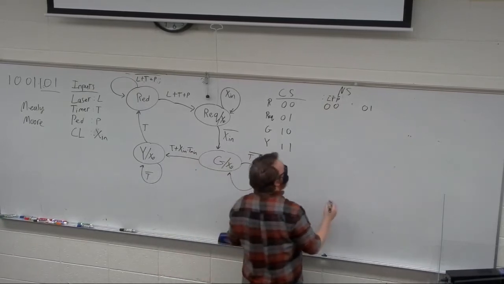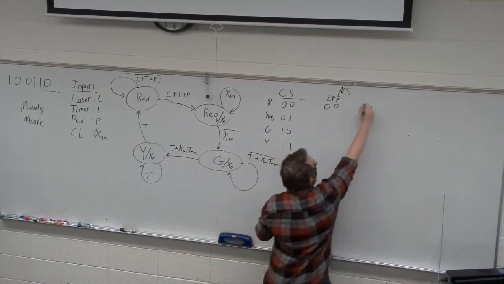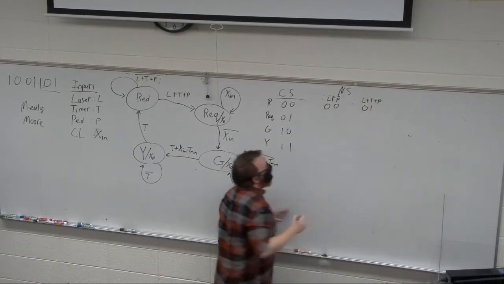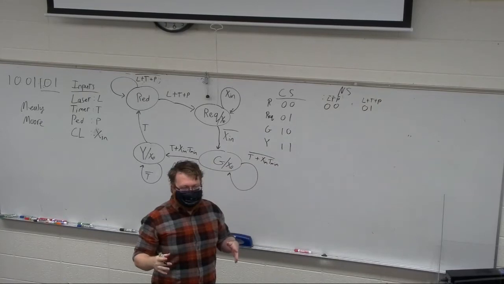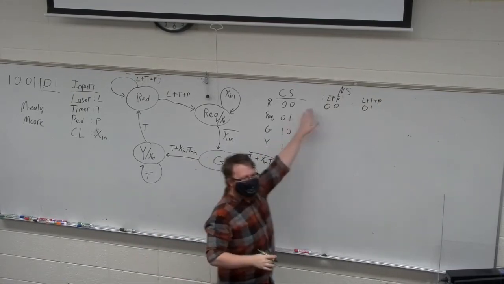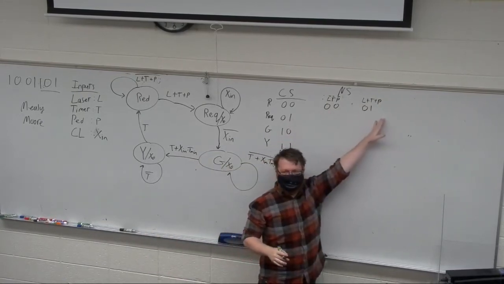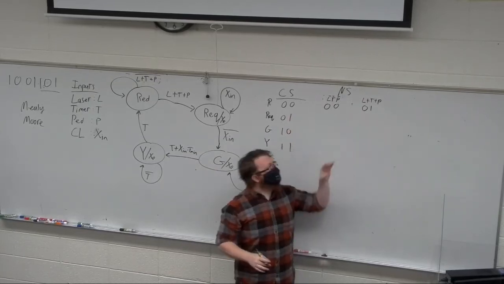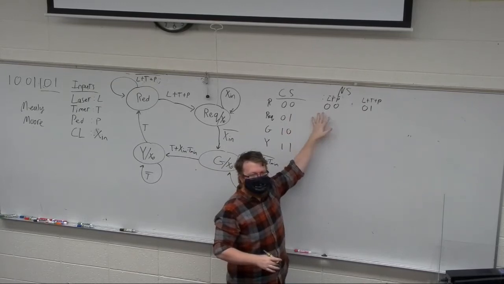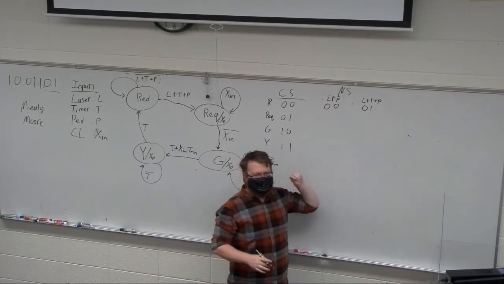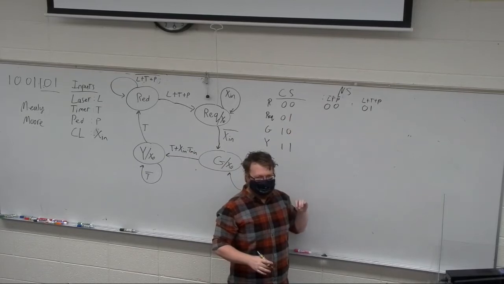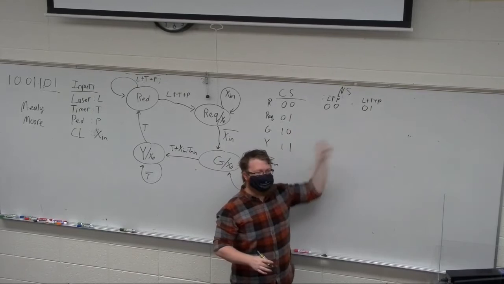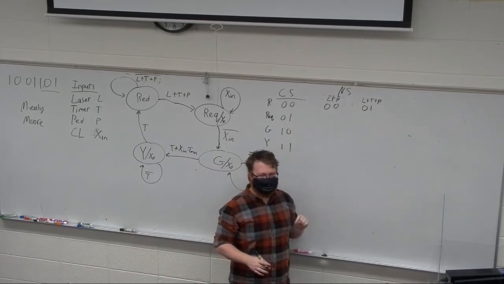Normally we would write up all possible combinations of our inputs and then write what the next state is. What I'm doing here is creating a shorthand so that I only look at the conditions I'm interested in, rather than having a 2 to the 8, an 8-wide input table.